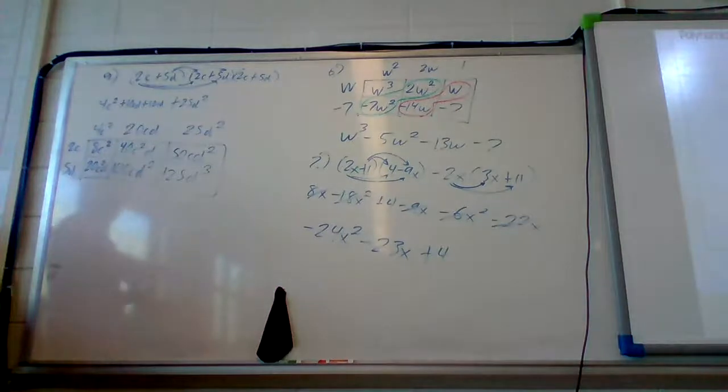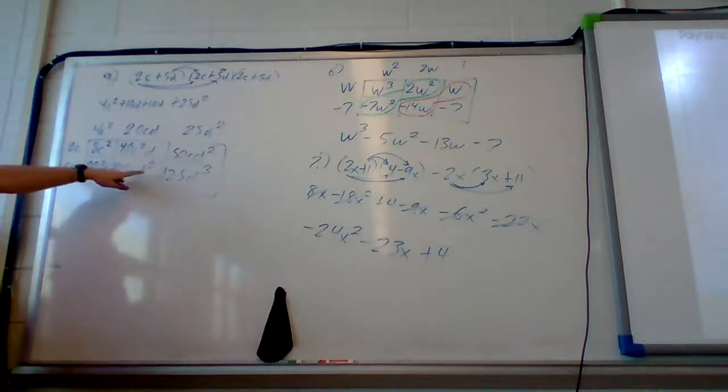And then we've got to find our like terms. We do have this diagonal and this diagonal.